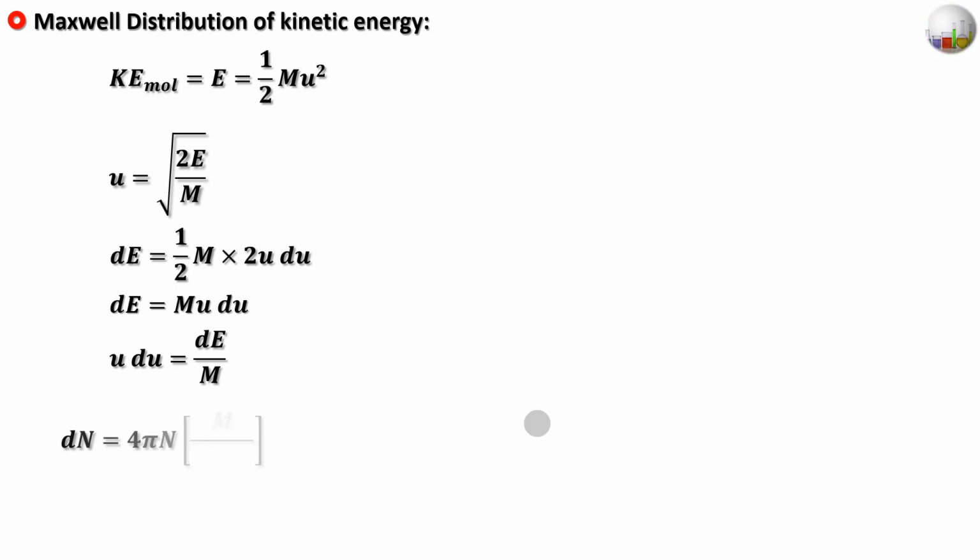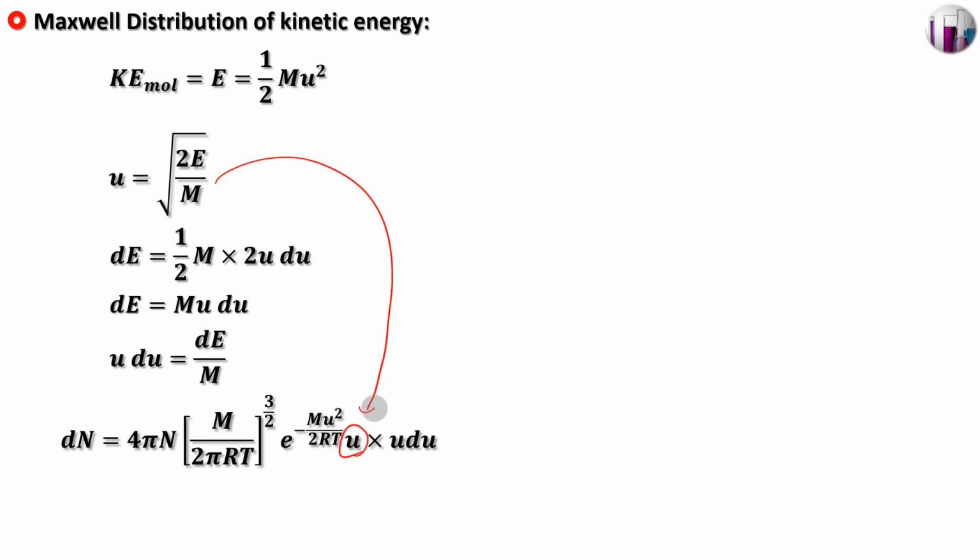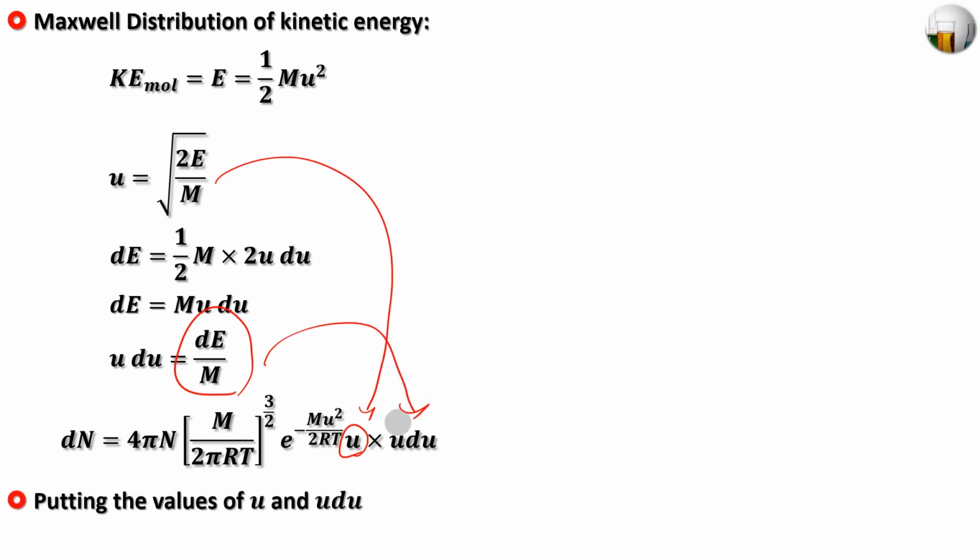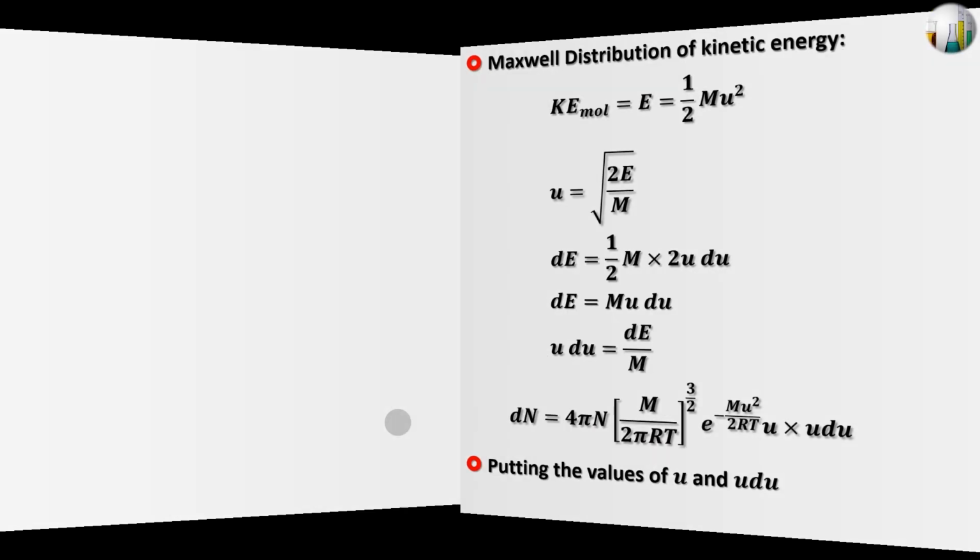So remember the equation was like this. If I substitute the value of U from here, and plug in the U dU value from here, the effective equation becomes somewhat like this.